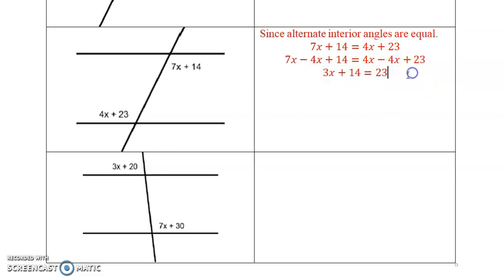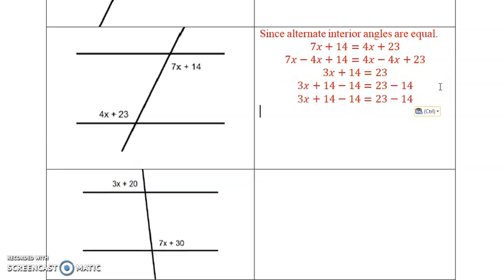Subtract the 14 from both sides. Clean it up. 14 subtract 14 is gone, leaves you with 3x. 23 subtract 14 is 9.